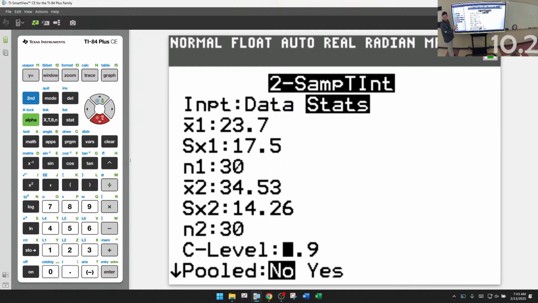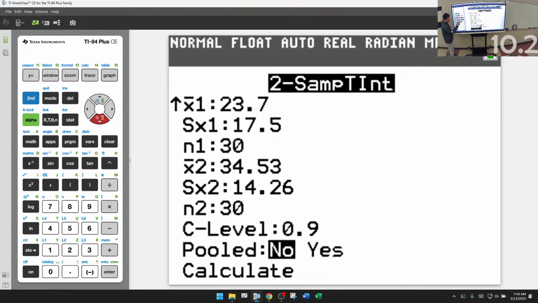Was it 90? 90. Never pool. Pooling is basically combining the data together. We're not combining the data together, so it's never pooled. Calculate.